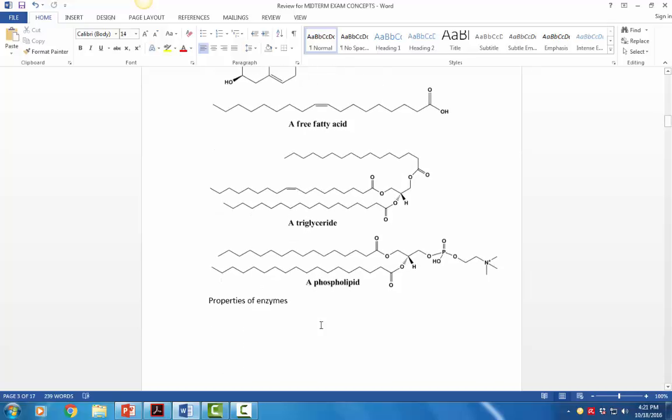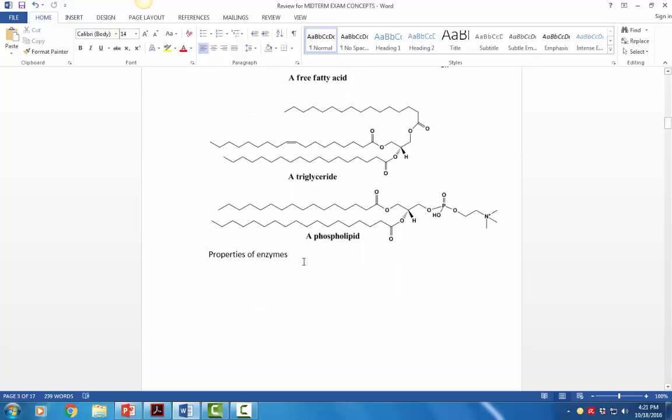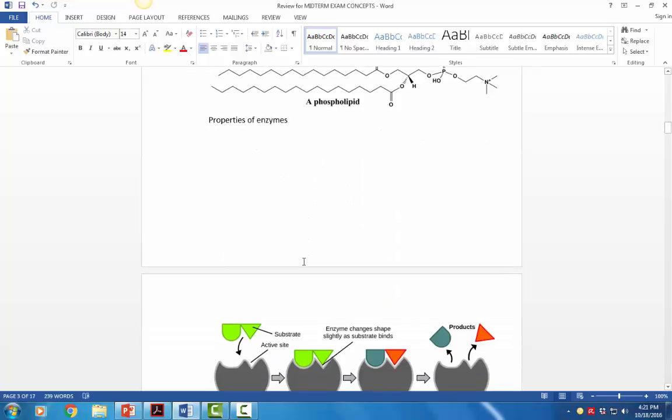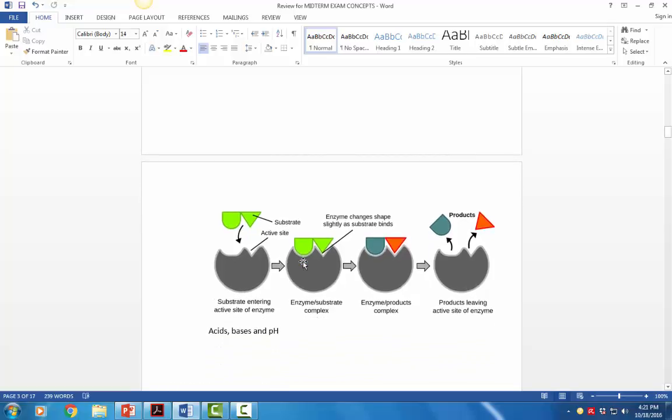We talked about enzymes. Enzymes are proteins, and they lower the activation energy for a chemical reaction to occur. For example, if we have a complex molecule and we want to break it down into two smaller molecules, an enzyme is required to do that. It provides the energy for this reaction to occur.